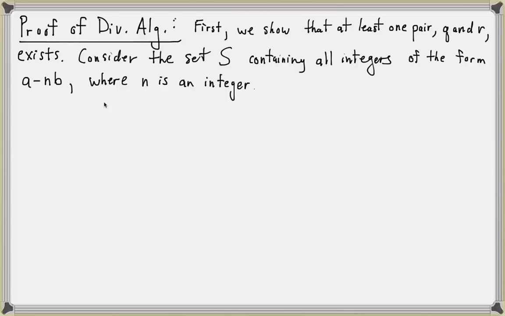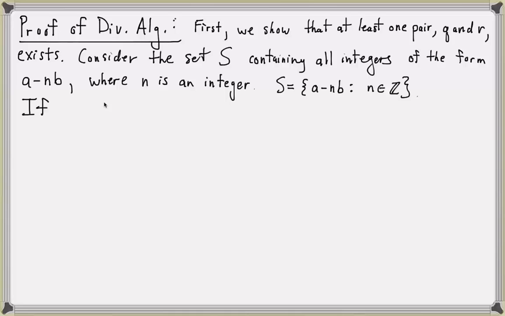Written in set builder notation, S equals the set of A minus nB such that n is an integer. Well, this set S will contain non-negative elements. Then we're going to use the well-ordering principle to show that there's some smallest non-negative element of this set S. So let's show that S contains non-negative elements.